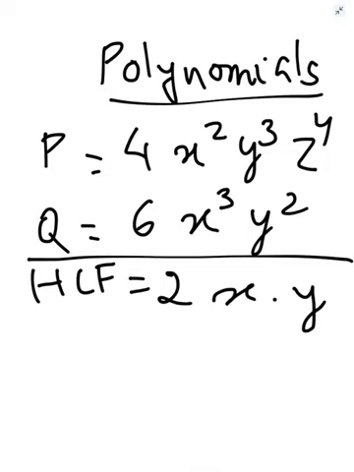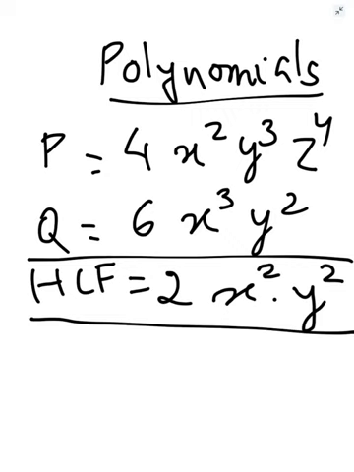So we have to see the minimum power, because that will be the common factor. The least power of x is 2. So x square. And for y also the least power is 2. So the HCF we have got is 2x square y square. Is it clear?